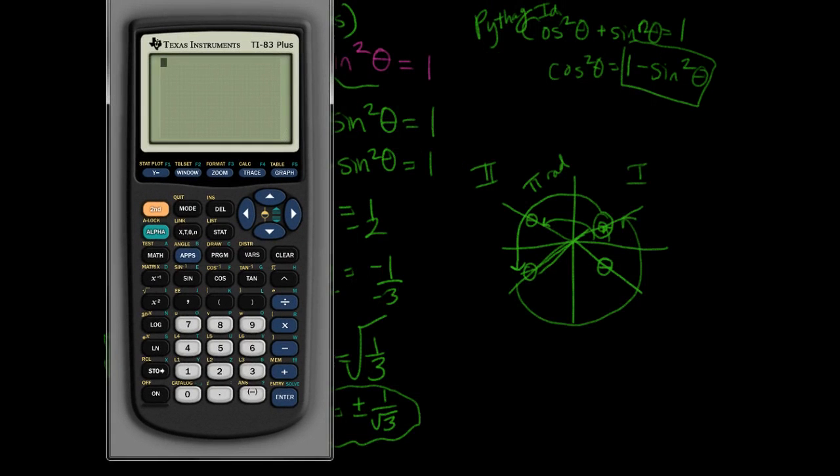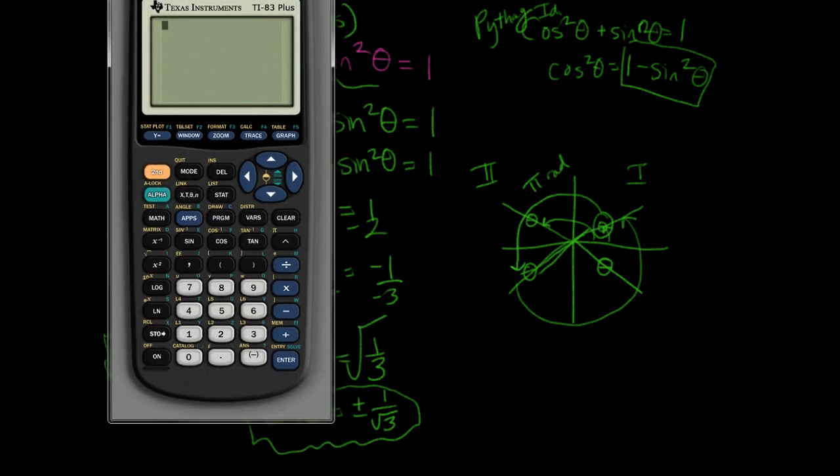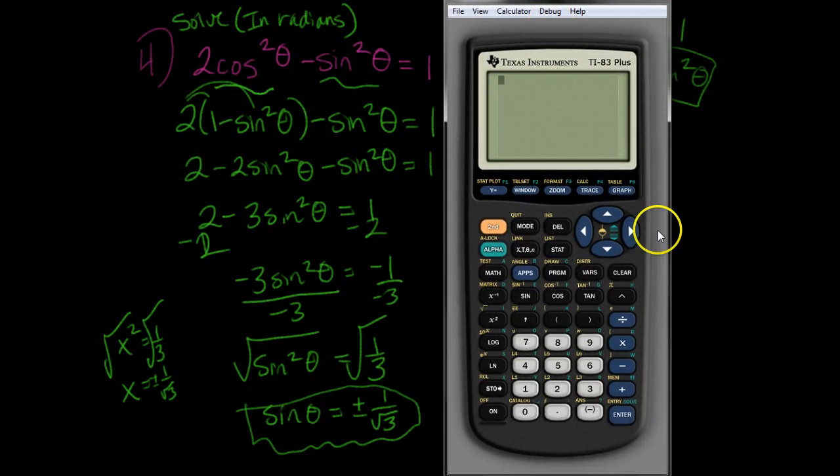Remember, it was sine we're looking for. We want to make sure that we're in radian mode because your answer should be in radians. If you wanted degrees, you can always go to degrees as well. But we want radians, so we're going to go second, sine inverse of positive 1 divided by the square root of 3, close parentheses, and so that's 0.615, we're going to say.